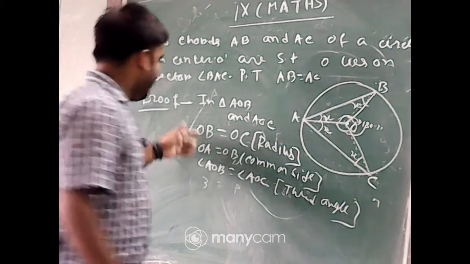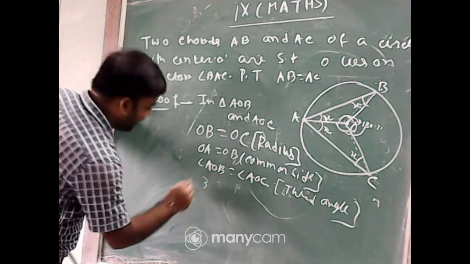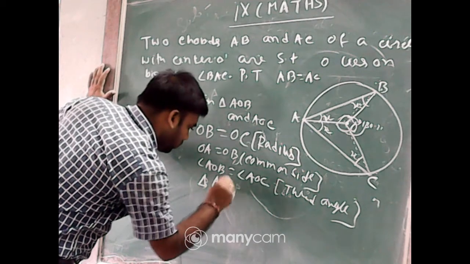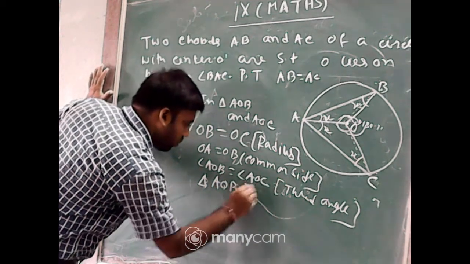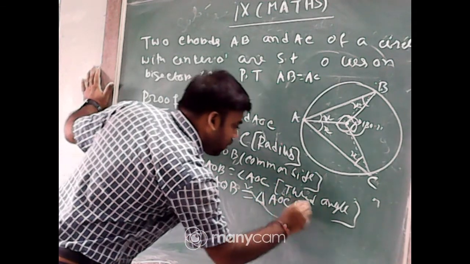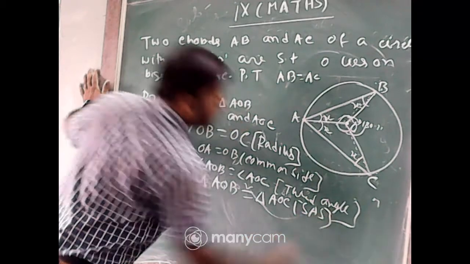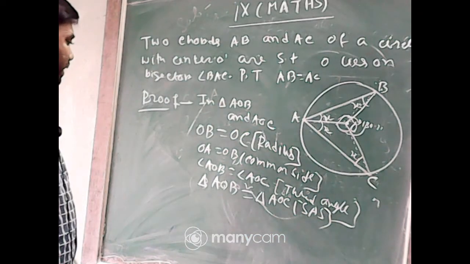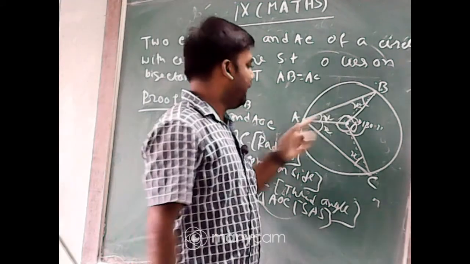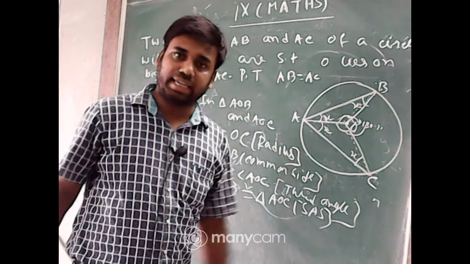So using the criteria SAS, you can say triangle AOB congruent to triangle AOC by SAS.